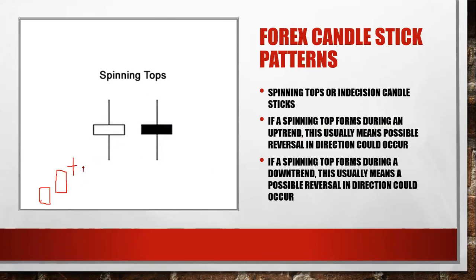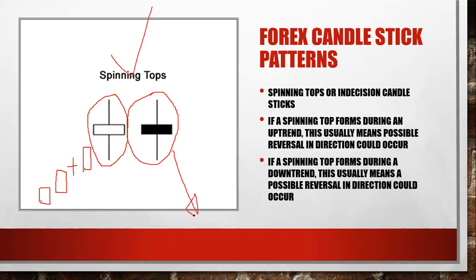Wait, there's not two. You have your next candle, and then this one forms, and then immediately after this one forms. That is what confirms your reversal to the downside. Okay, if you see, you'll see all the time one of these form in the middle of a trend.